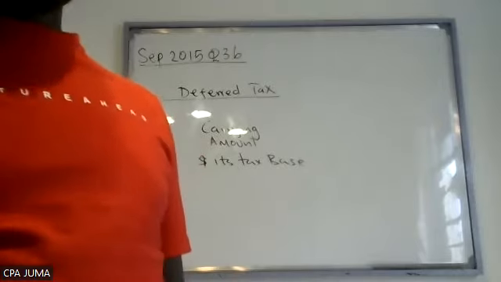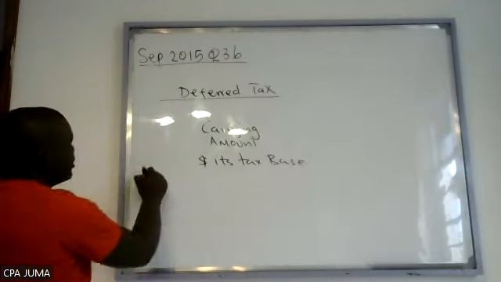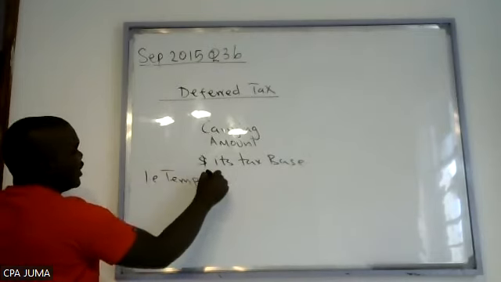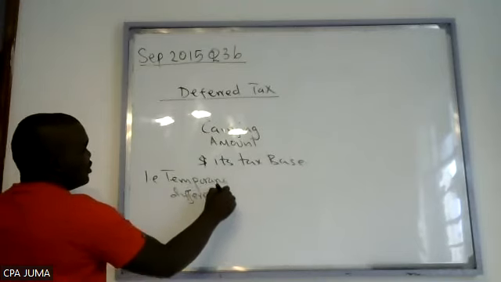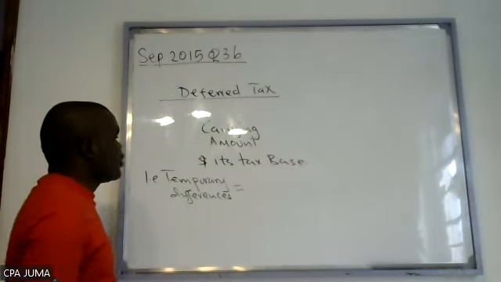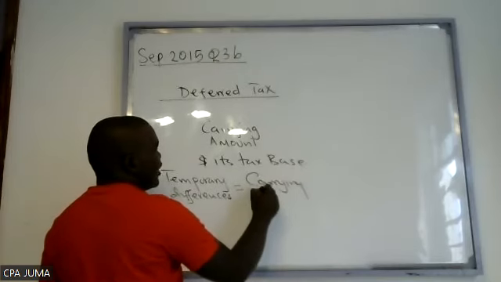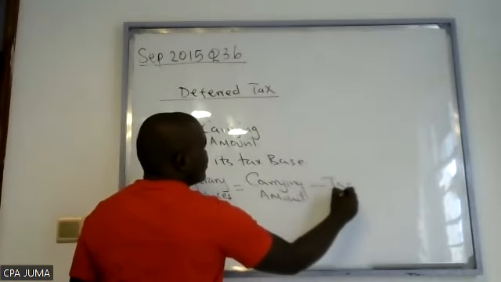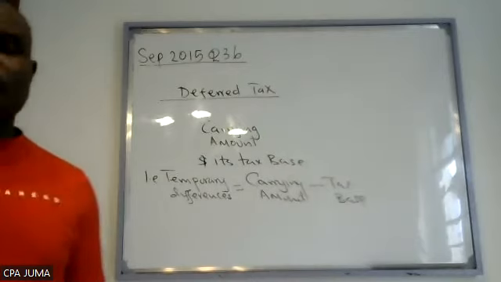Full stop. That is, temporary differences is equal to the carrying amount minus the tax base.